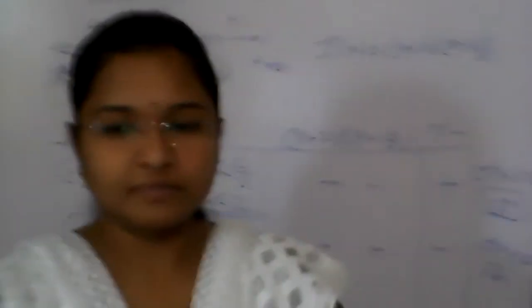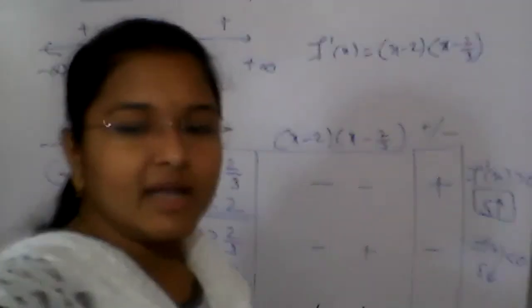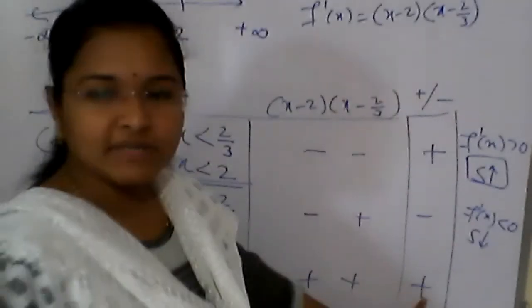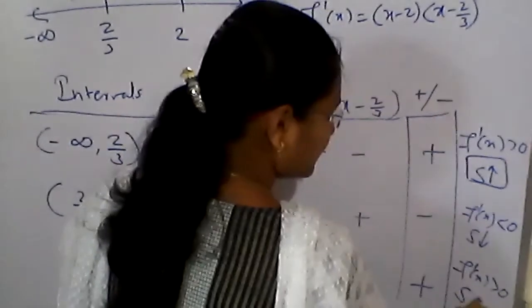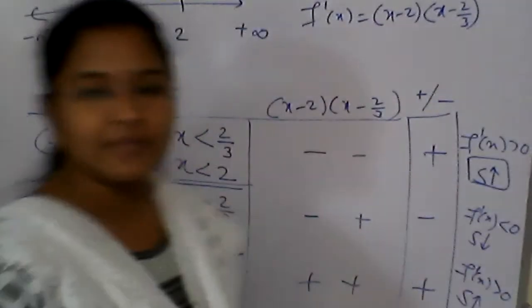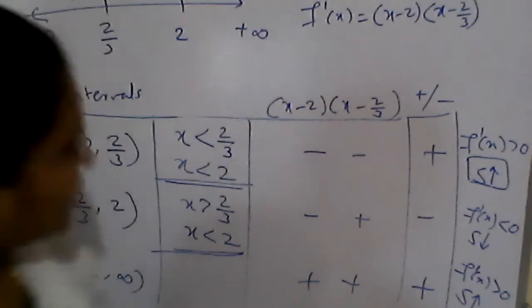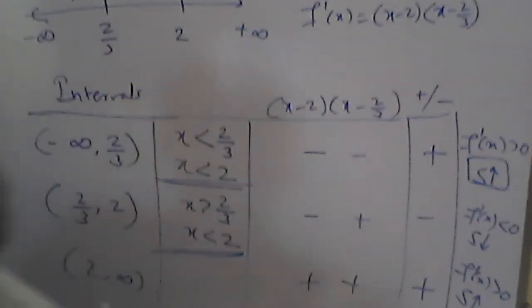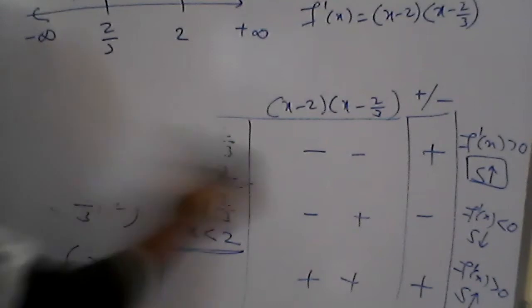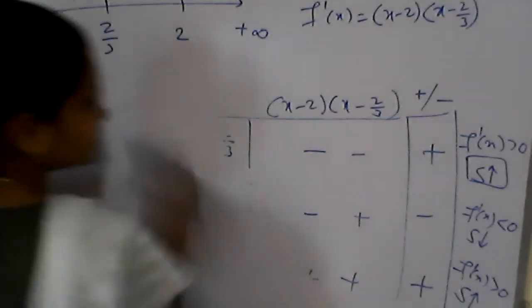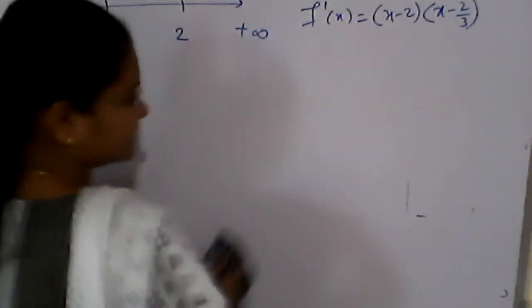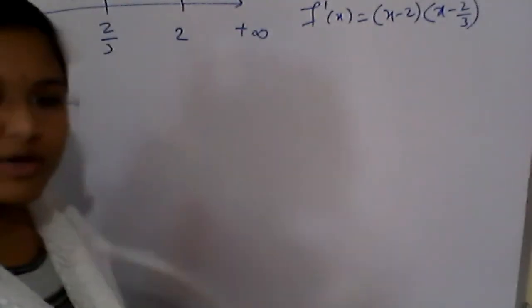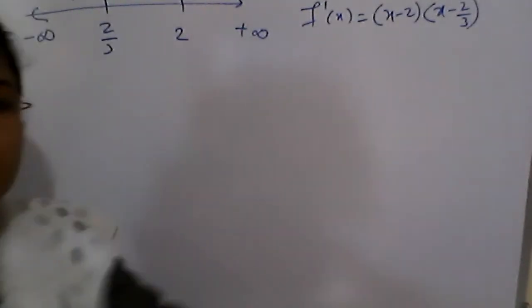Then the last one is positive here also. The derivative of the function at a point is strictly greater than 0, so it is strictly increasing. So we have now seen how to find the intervals for a strictly increasing and strictly decreasing function. When you write the answer for this question in the board exam, you have to write this chart or explain how you have given the plus or minus sign.